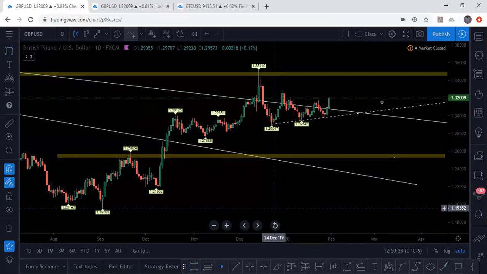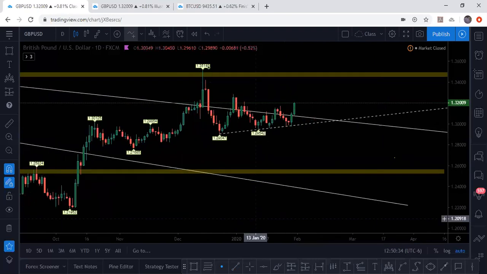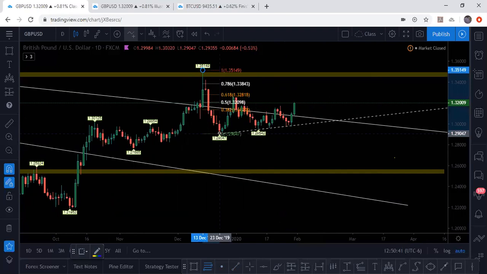So how high up will this thing go? From this point, it was coming down. And then from here, it stopped going down and decided it's going to go up. It went to this 0.618 here. I hope you're seeing the power of Fibonacci.